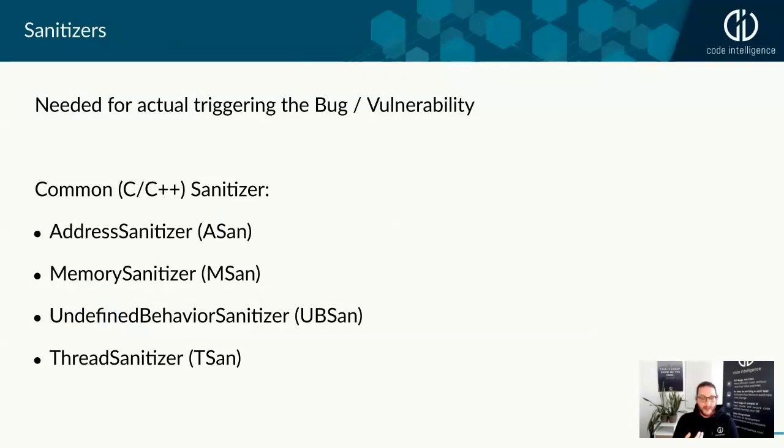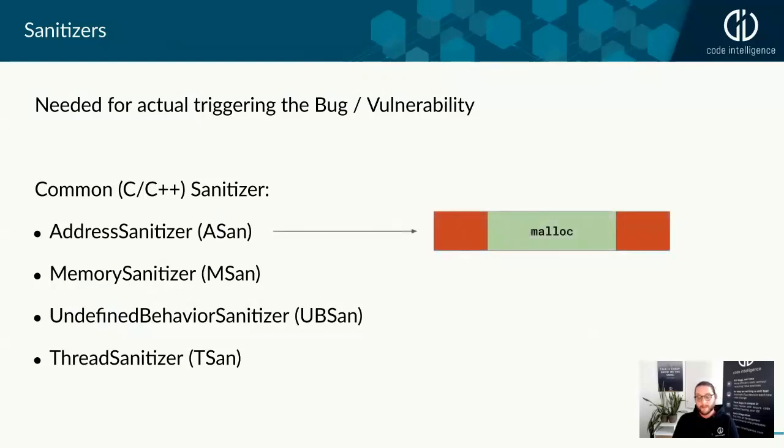Here are 4 very common C++ sanitizers: the address sanitizer, memory sanitizer, undefined behavior sanitizer, and thread sanitizer. In general, you can use them even without fuzzing, but if you imagine that you have them with fuzzing and the application finds a way to reach code that is triggered by the address sanitizer, for example, it's way more valuable here.